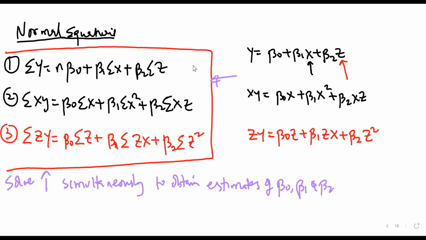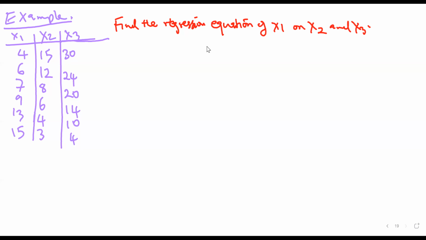I don't know if there's any question before we look at an example. Let's look at this example where you're told to find the regression equation of x1 on x2 and x3. It's good for you to note that when you have a question like that, this is your dependent variable, and these two are your independent variables.